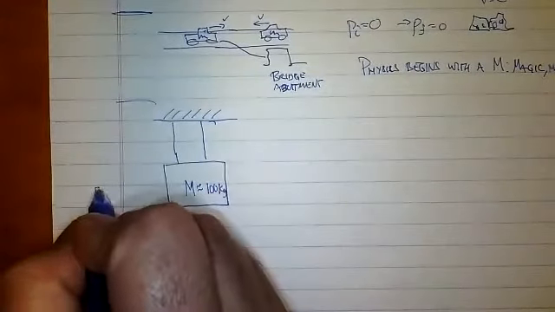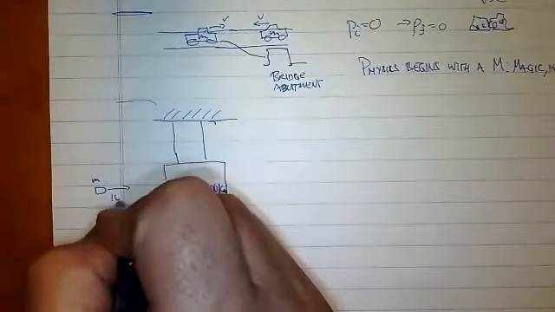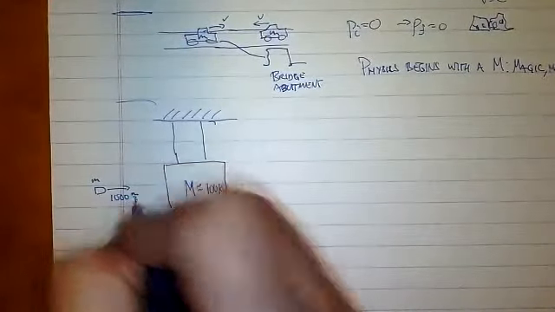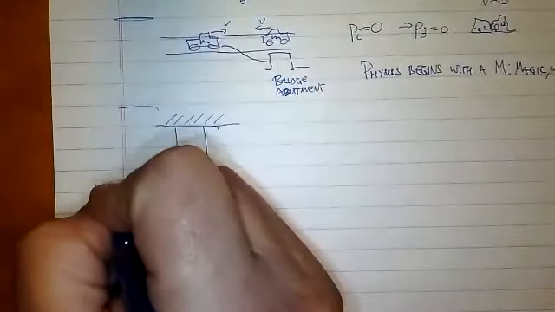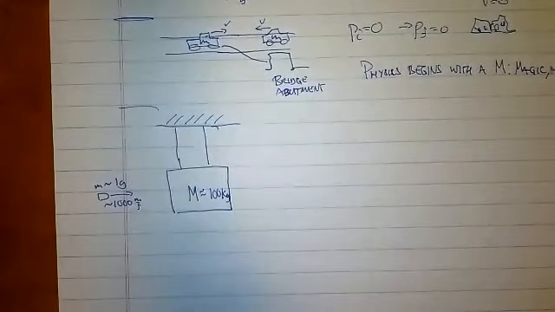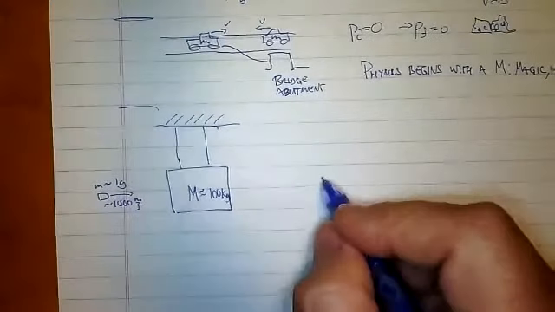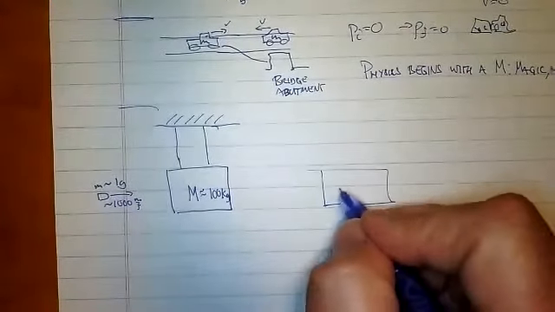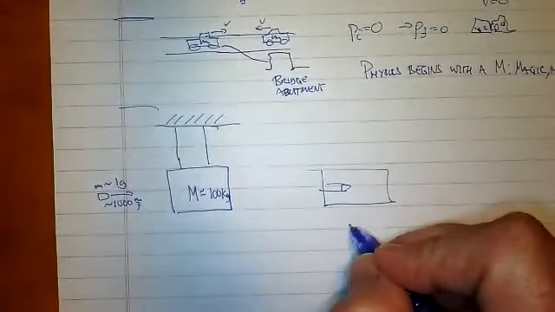And then you shoot an itty bitty bullet, mass m, moving at like 1,000 meters per second, and this will be on the order of 1 gram. What'll happen is this will be embedded in there.